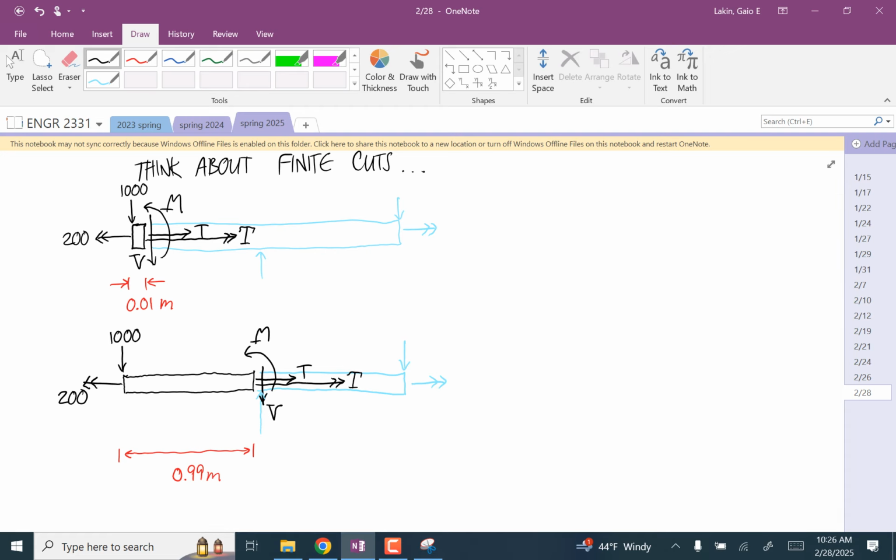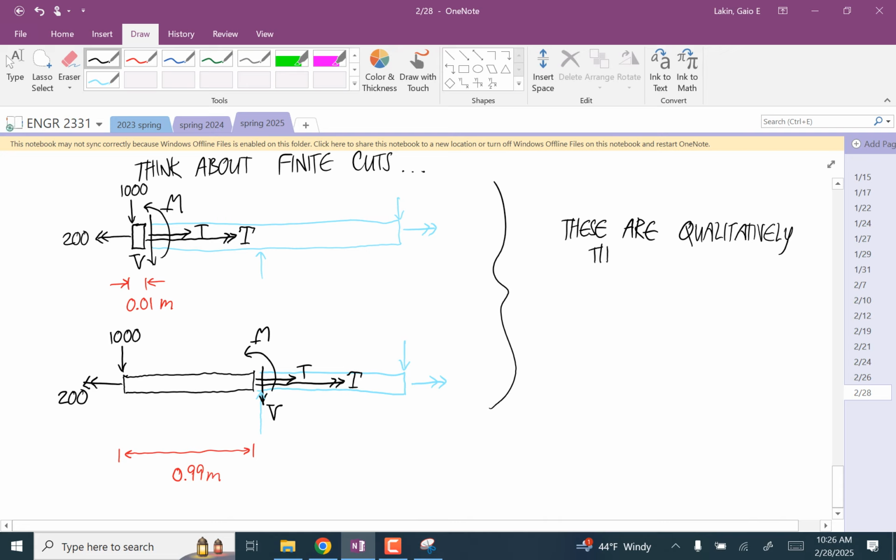The key point is these are qualitatively the same. They have the same loads on them. That's why we can represent these with a single free body diagram. These are different by a lot lengthwise, almost a meter difference in length. But now I'm going to do one that's 2 centimeters longer than this, and it's going to be qualitatively different.